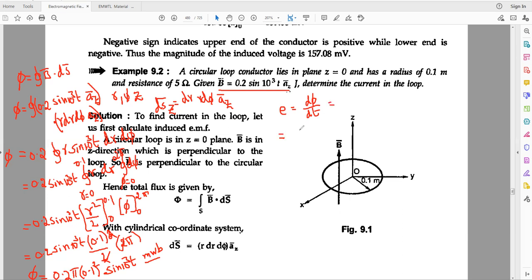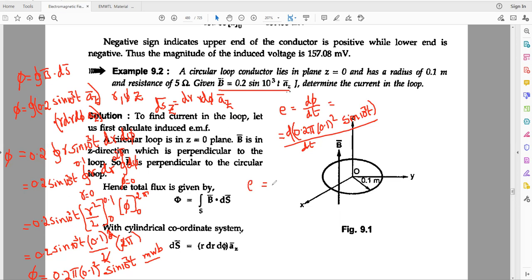The value is here: 0.2 pi and 0.1 whole square, sine 10 cube into t, by dt. It's d by dt with respect to t we are applying.